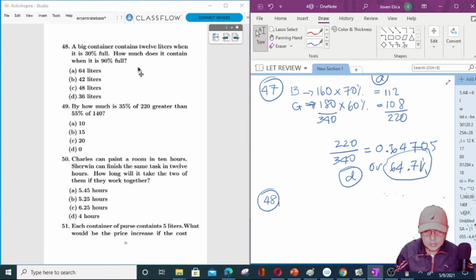So, number 48, we can use the ratio and proportion here. A big container contains 12 liters when it is 30% full.